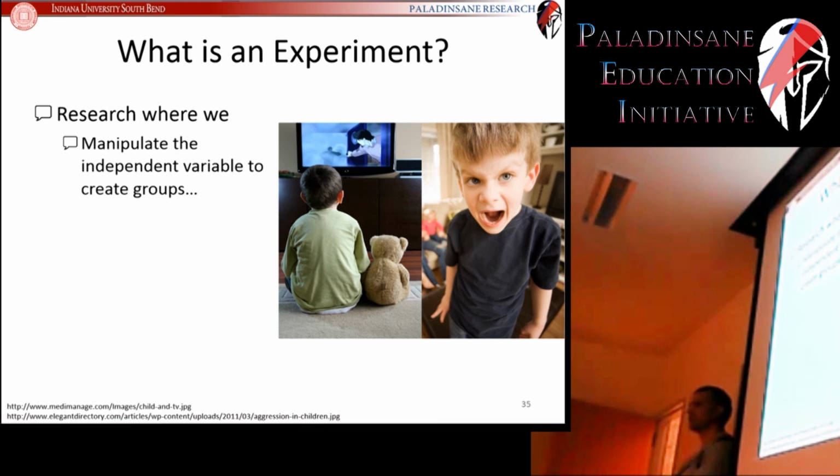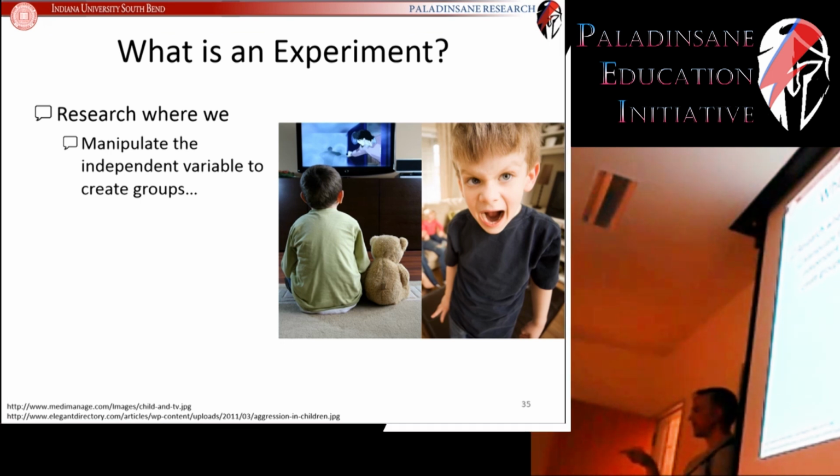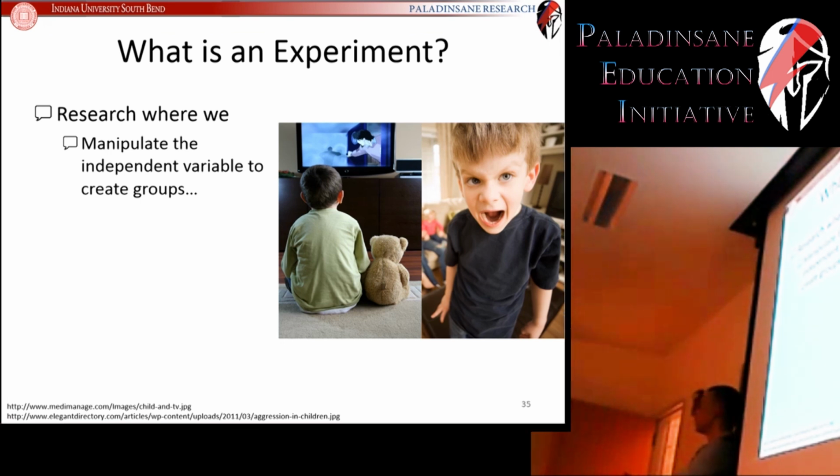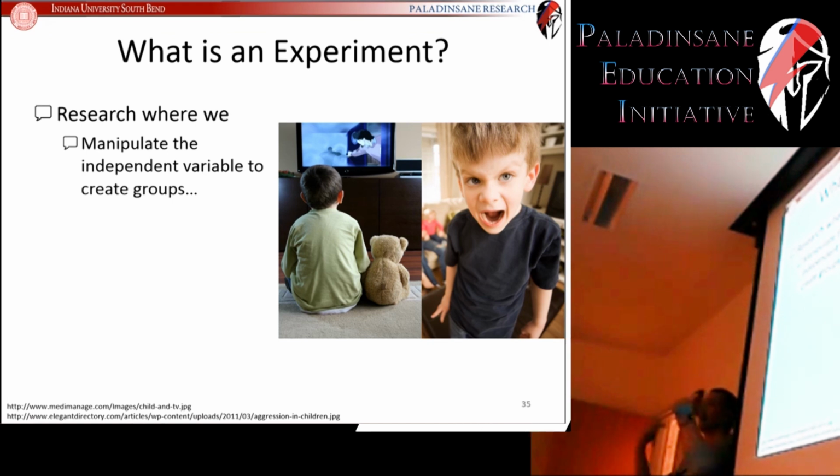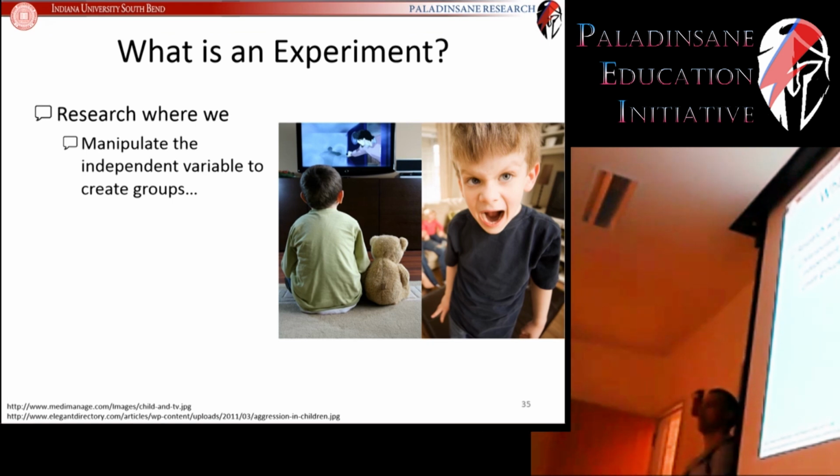We would bring subjects in and we would say, I, as the experimenter, am going to make this group watch a whole bunch of violent TV, and I am going to make this group not watch a whole bunch of TV, and that's you manipulating the causes. And that's the big difference between non-experimental and experimental techniques.